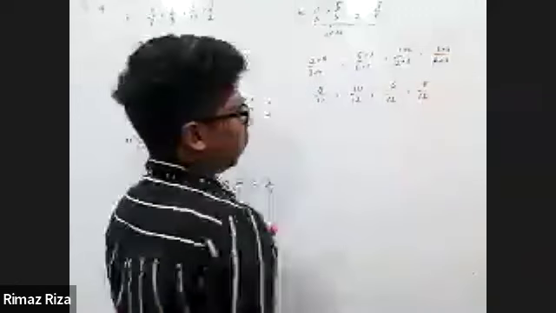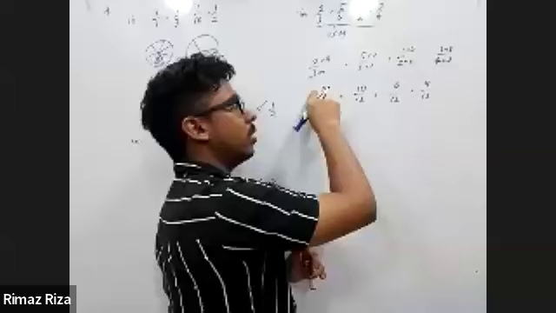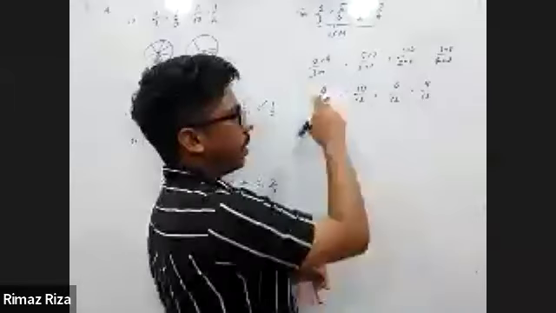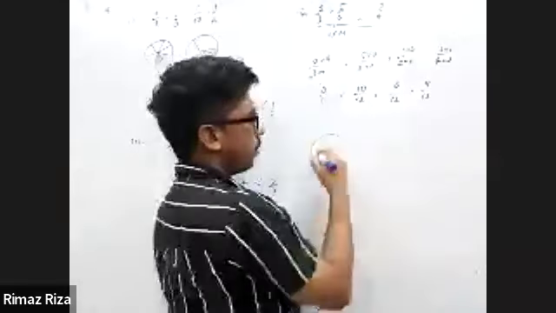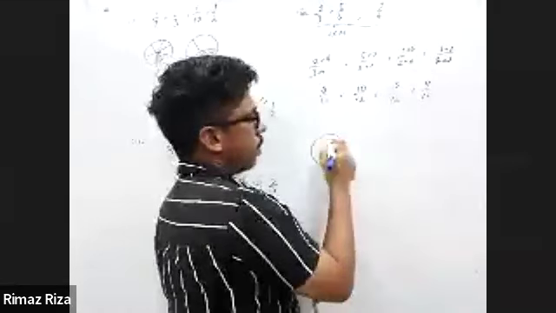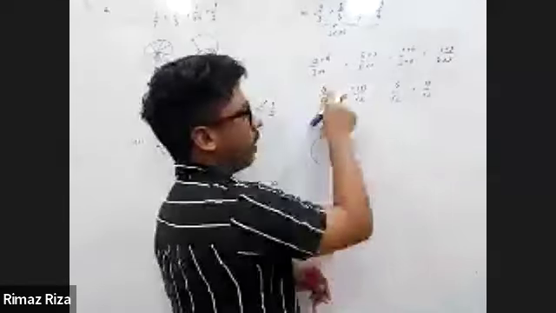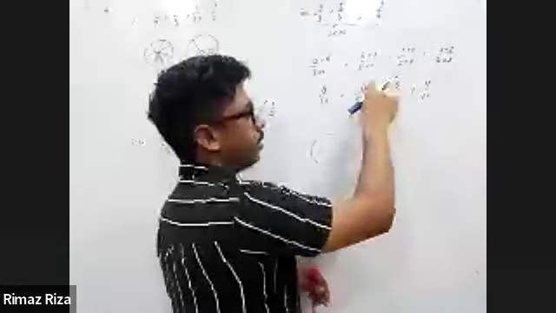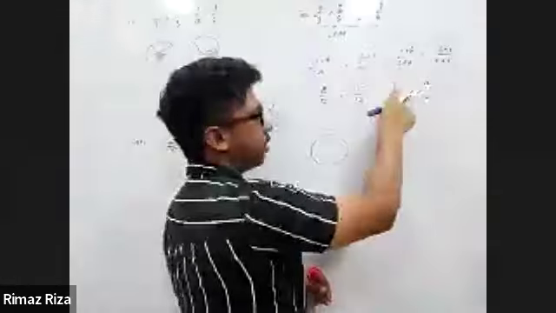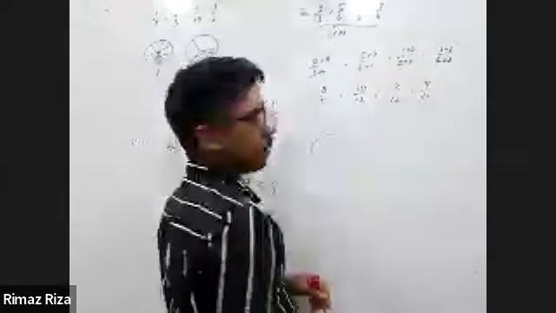So now it's very easy. Now you take a pizza, divide into 12, you take 8 pieces. Or you can take 10, or you can take 6 pieces, or you can take 9.